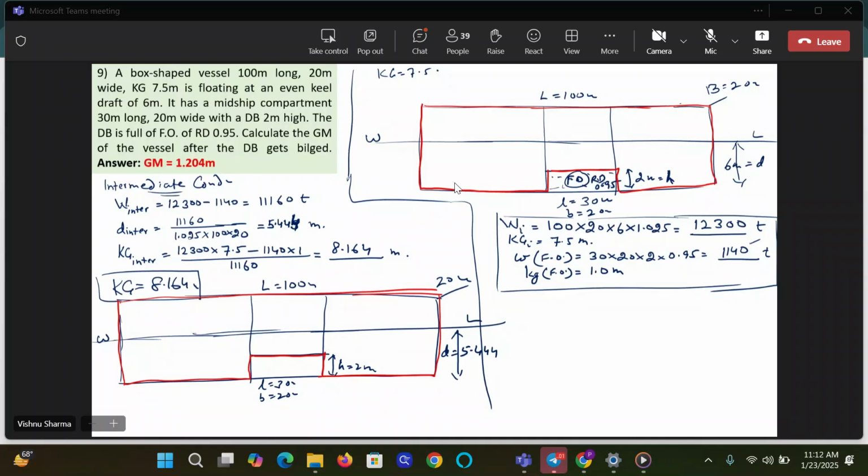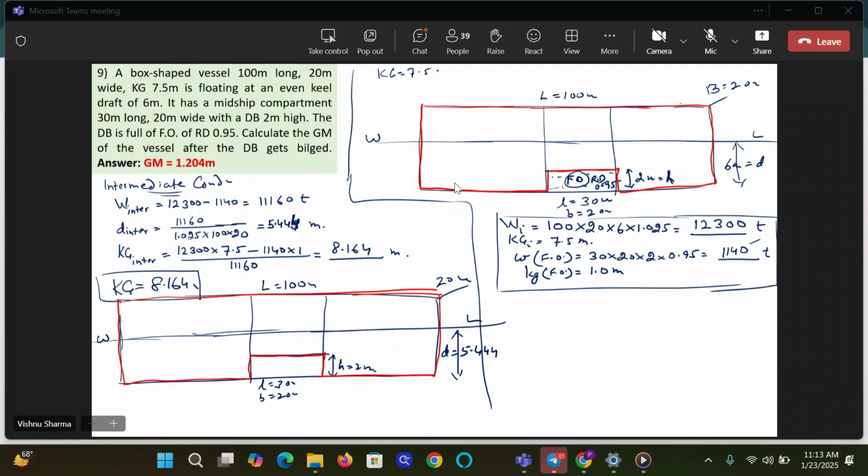In one case, the dB is full. In the other case, dB is empty. It has caused a change in draft and a change in kg. But the red part of the ship in both the cases is exactly identical. So whatever is the difference in their stability in the two conditions, initial condition and the intermediate condition, it is purely because of the dB concerned.